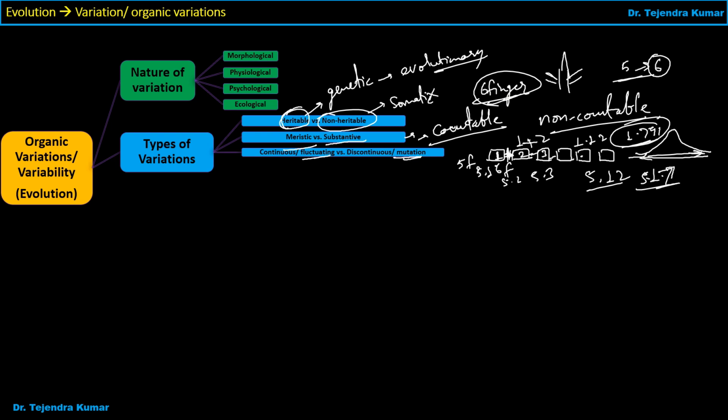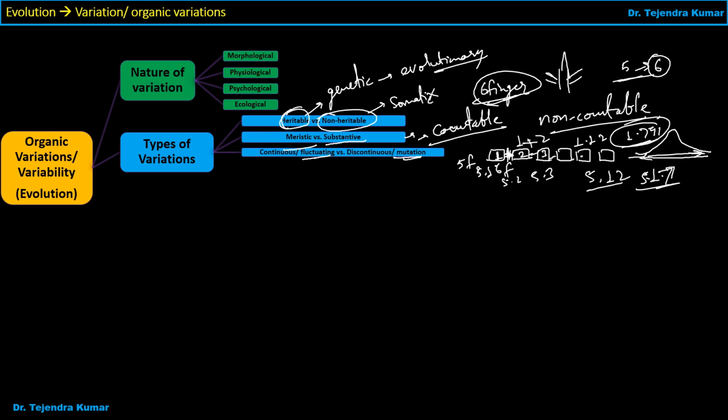Another example is the hornless calf. They do not have horns, though generally they have. Even some animals do not have a tail, though generally they have, but in their generations a few animals have arisen that do not have the tail.